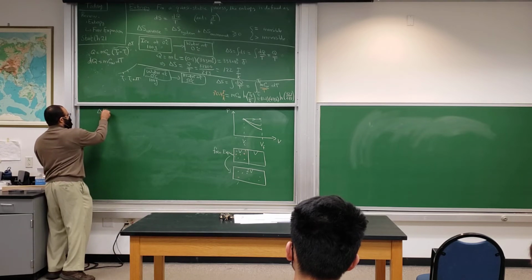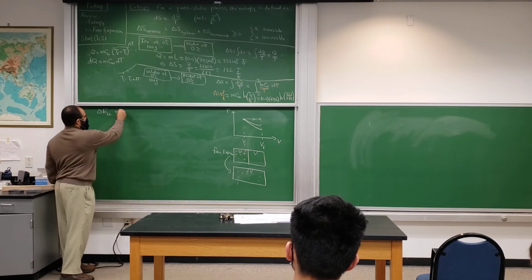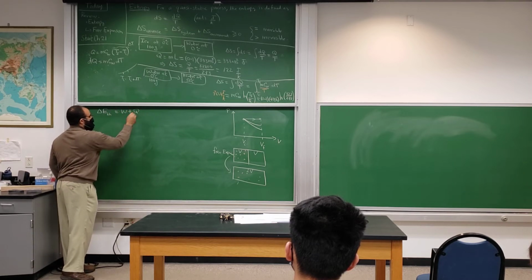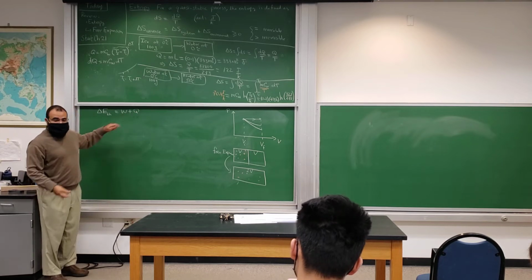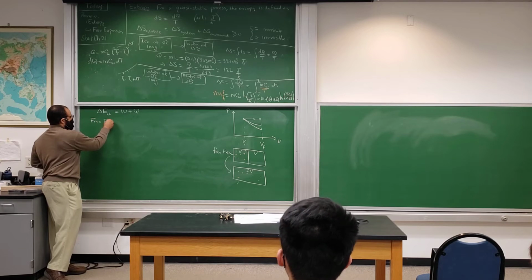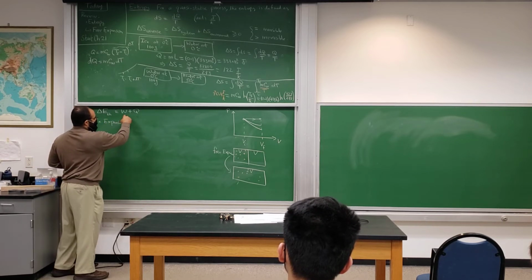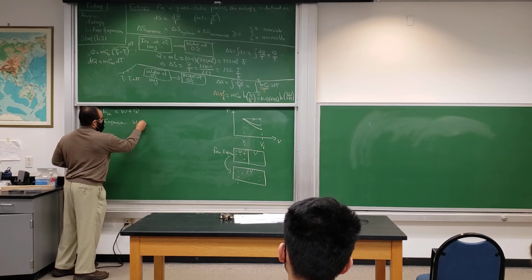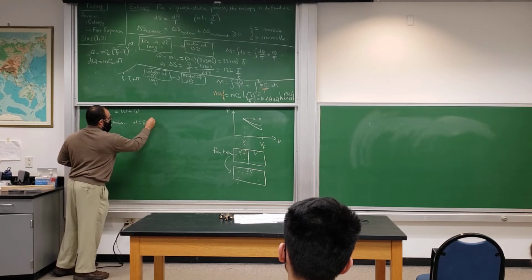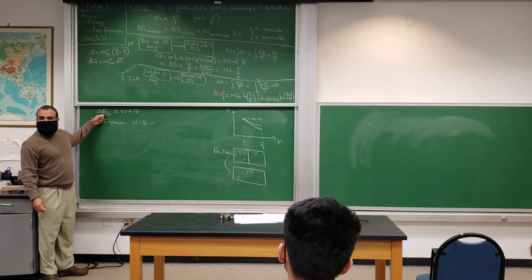So let me write the first law. Delta E thermal is, what does the first law say? W plus Q. We said with free expansion, both are zero. W is equal to Q is zero. No heat is added, no work is done. So what's the change in thermal energy?